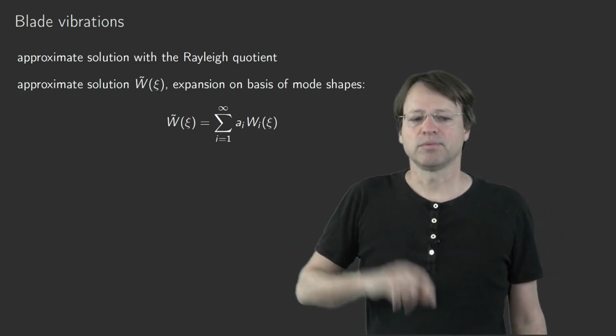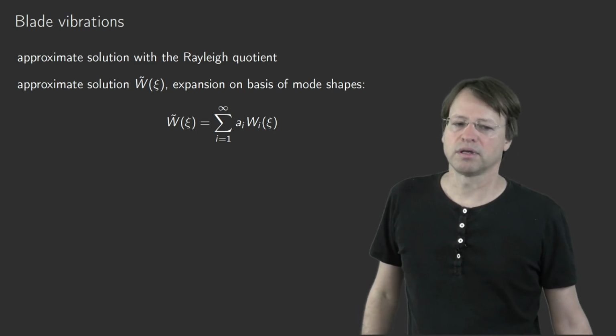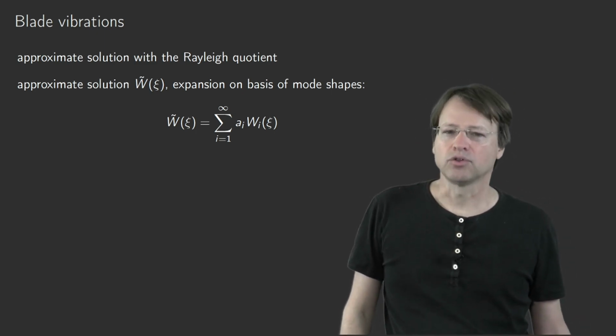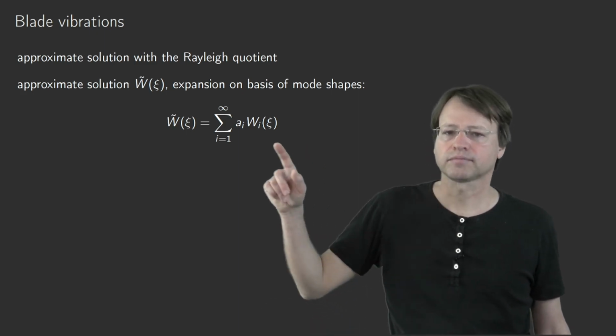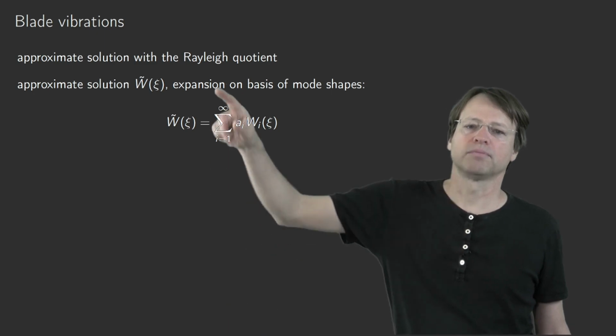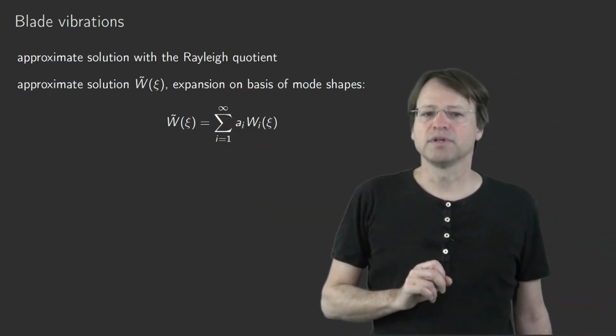We do not know that representation, but for the moment we do the computations with that representation just to see how to relate the approximate solution computed by the Rayleigh quotient for the natural frequency to the true natural frequency.